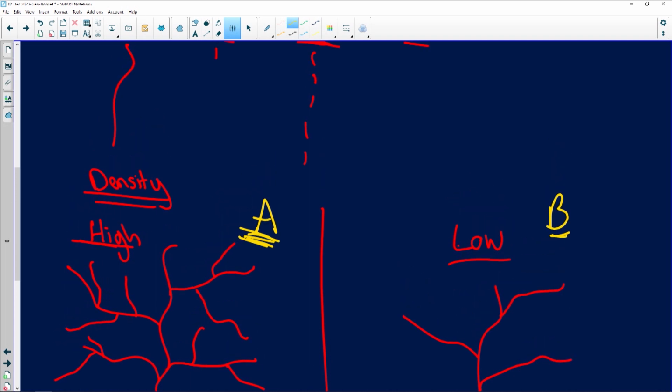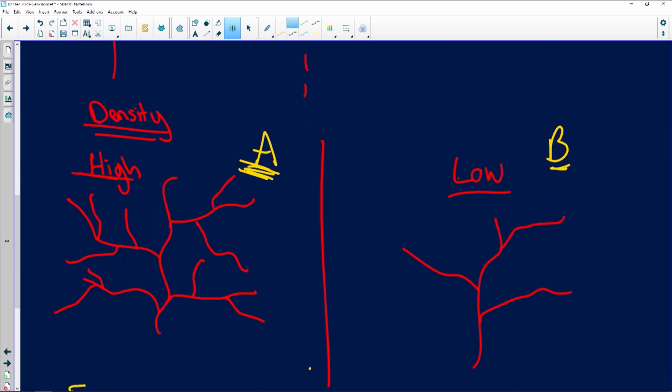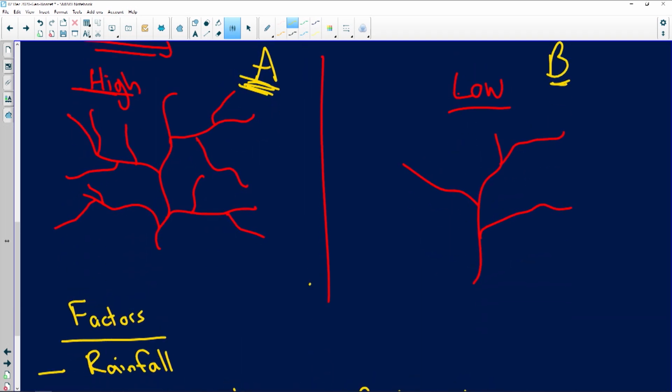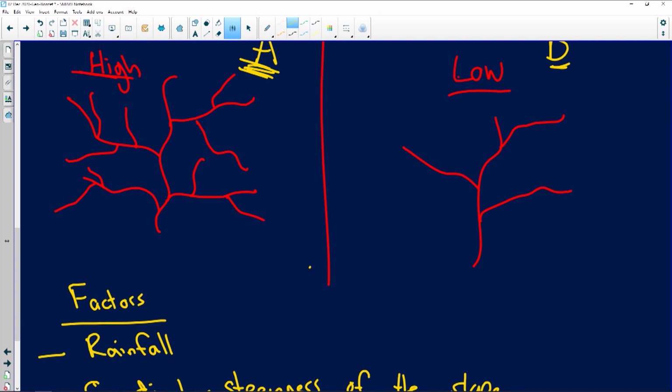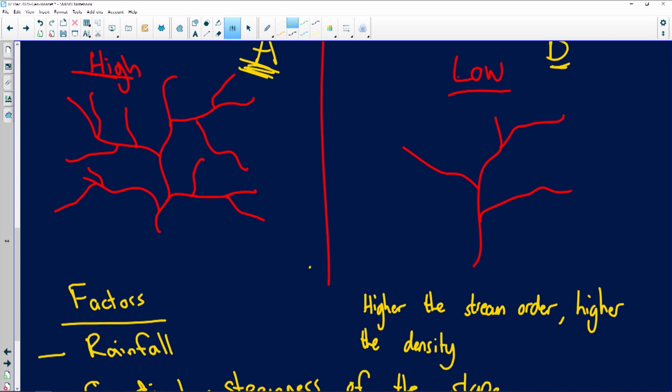Now, when we determine density, when you see a lot of tributaries, you know it's high density. You got low density. And it comes with stream order as well. The higher the stream order, the higher the density.